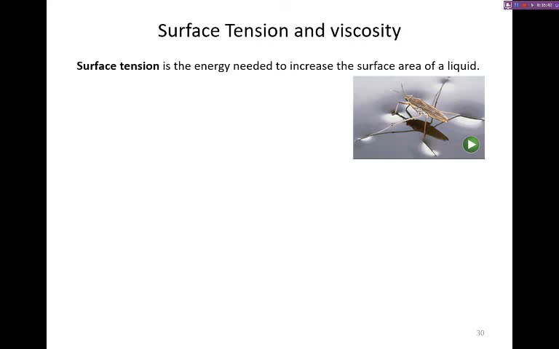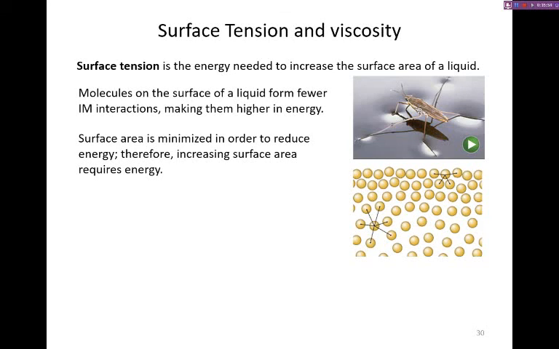You take a look at these water striders, and because of the surface tension of the water, they can walk on the water. And that's because the water molecules are attracted to each other. The molecules on the surface of the liquid form fewer interactions. This makes them higher in energy. The surface area is minimized to reduce that energy. Therefore, increasing the surface area requires energy.